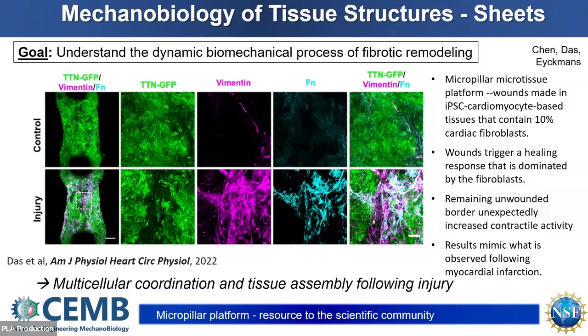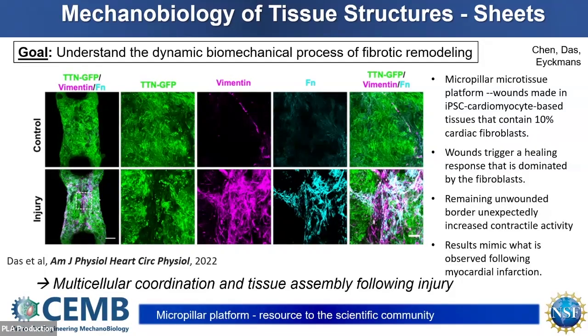And what's nice about this work is that he was able to grow those iPS-derived cardiomyocytes and create a tissue that was functionally contracting tissue. And it could then create a model of cardiac infarction by applying this laser that would create a wound.